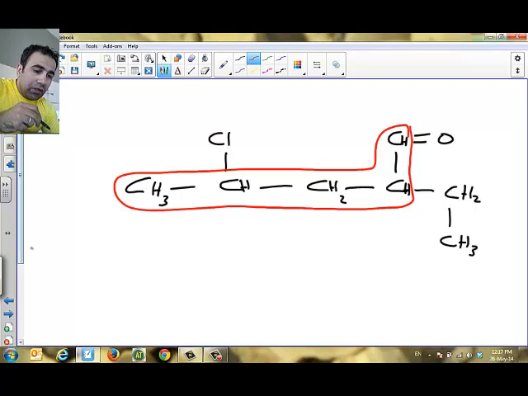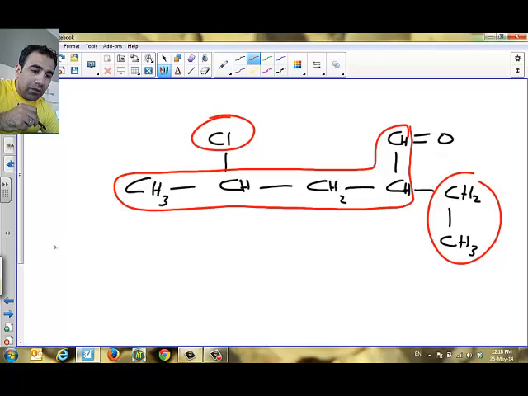This is the longest chain. We have 2 groups, one is here and one is here, and sure we start numbering from this side. When we have C double bond O at the end, it's another family called aldehyde.